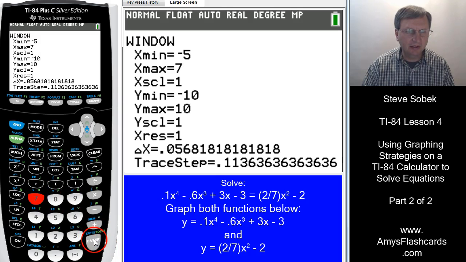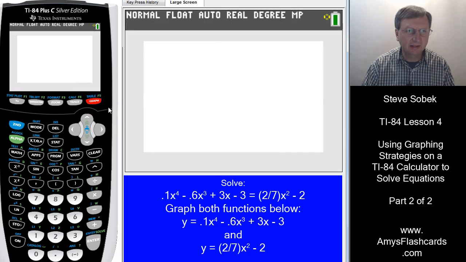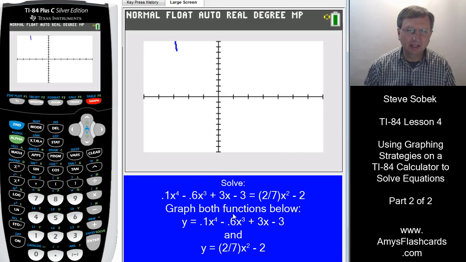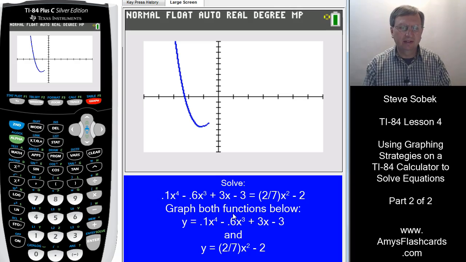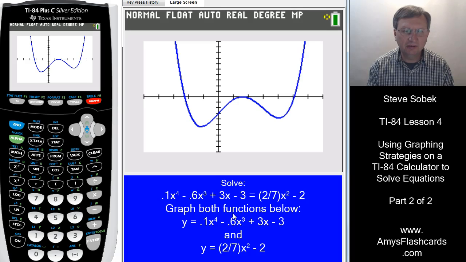For x max, let's go with +7. And hit the graph button again. And here we have a nice viewing window. There's our parabola.